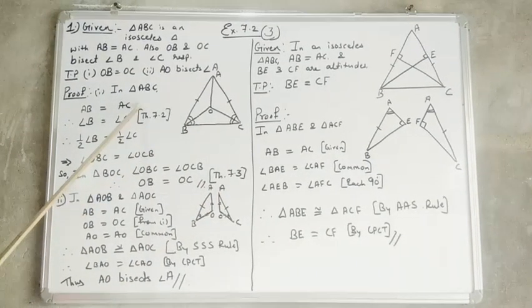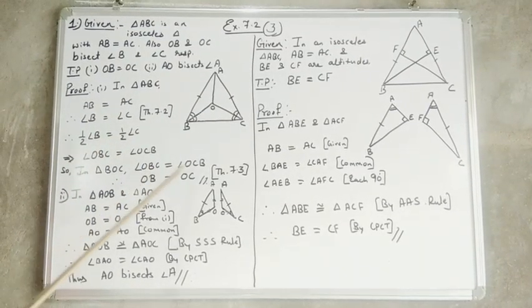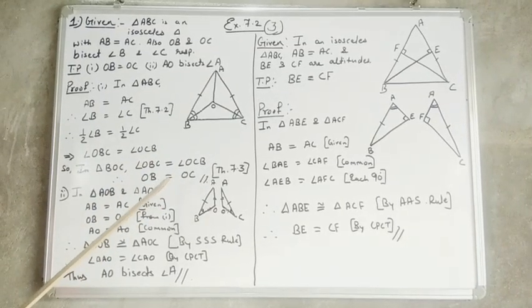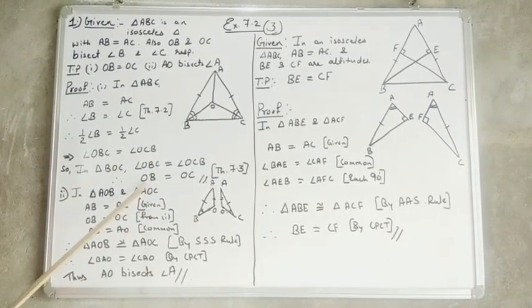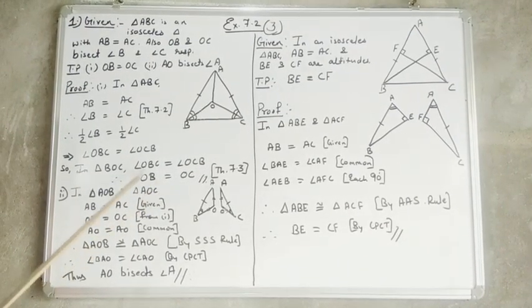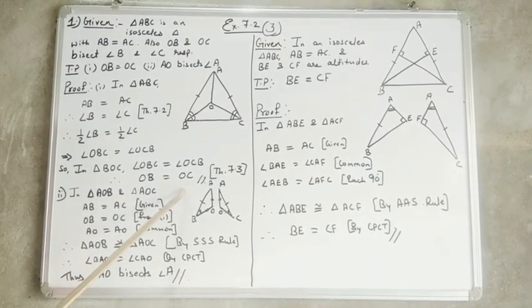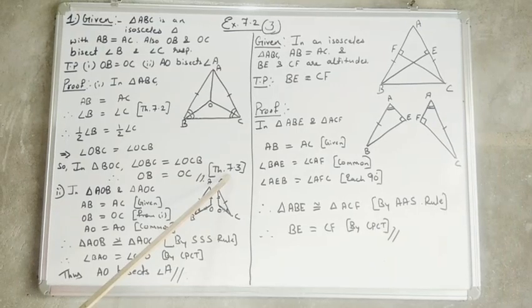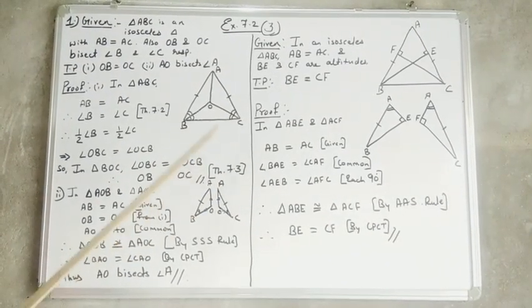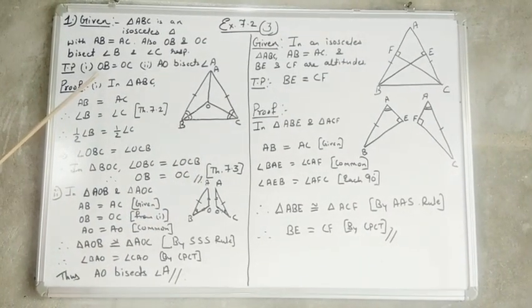Since earlier the sides were equal, we got the angles to be equal. Here we got angles equal, so we use the converse of theorem 7.2 and prove that the sides are also equal. In a given triangle, if angles are equal, then opposite sides are also equal. This is the statement of theorem 7.3. So we have proved the first part of the question.